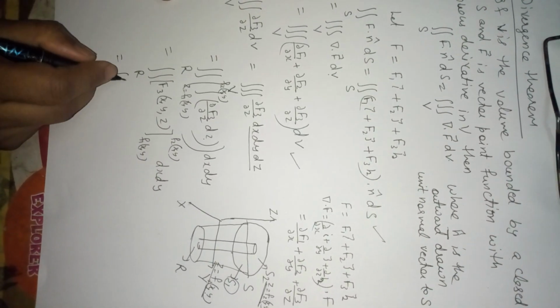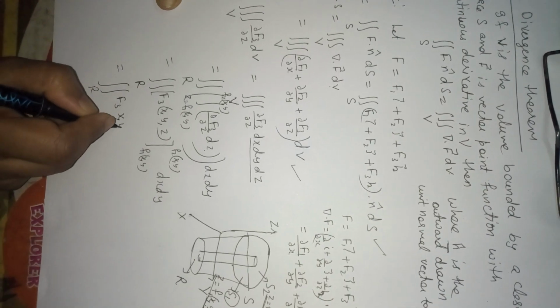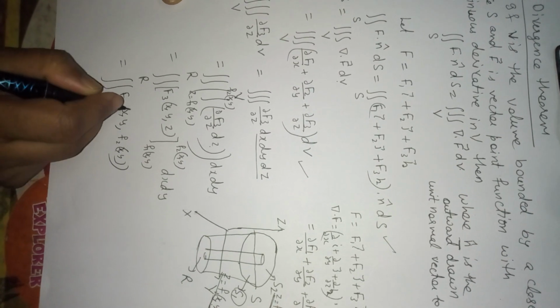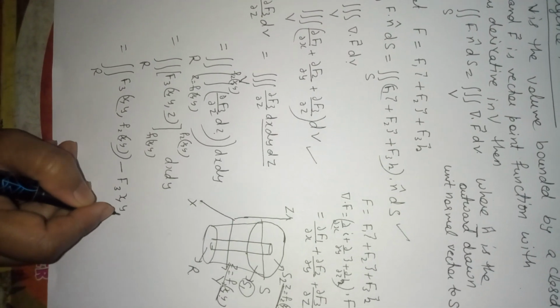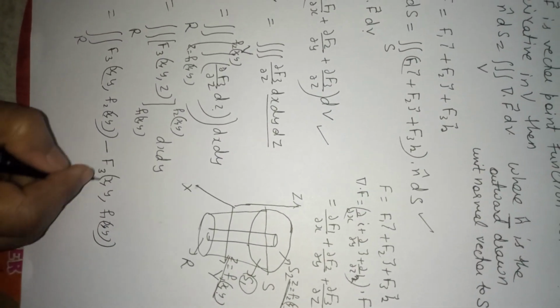This is equal to the double integral over R of [F3(x,y,f2(x,y)) minus F3(x,y,f1(x,y))] dx dy.